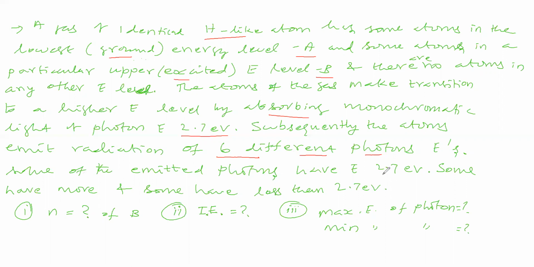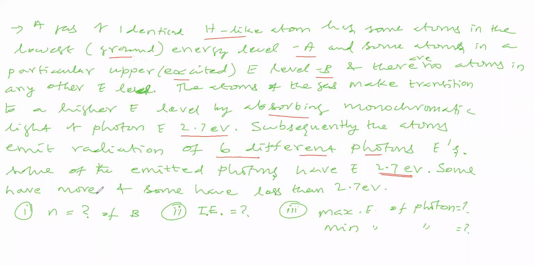Some of the emitted photons have energy 2.7 electron volt. Some emitting 2.7 electron volt means how much is absorbed, that much is emitted, so the transition remains the same.